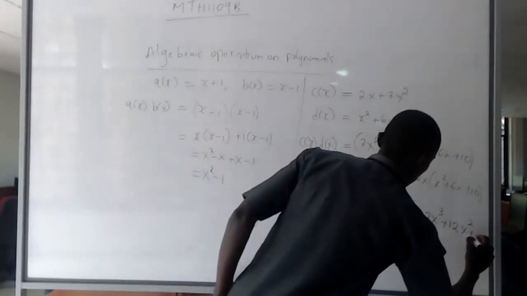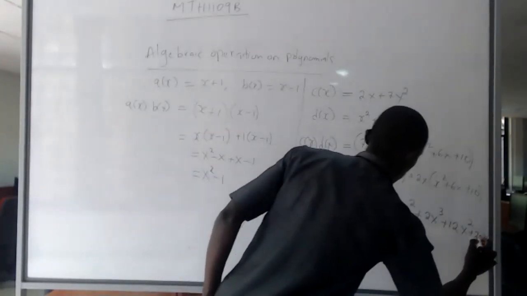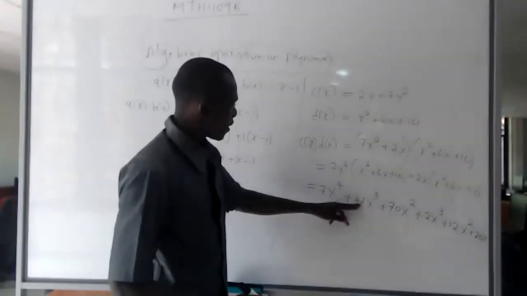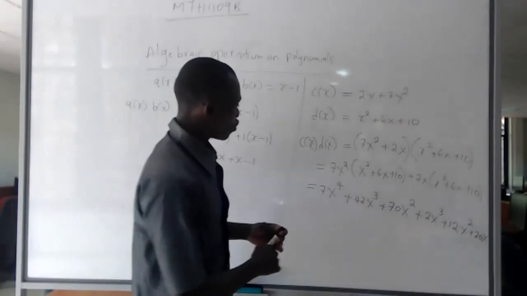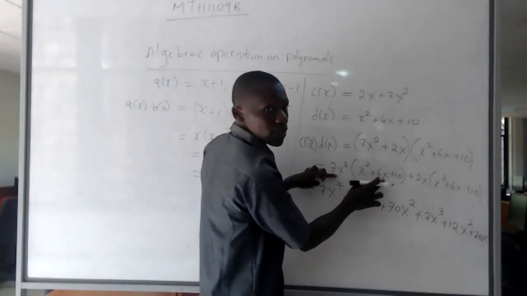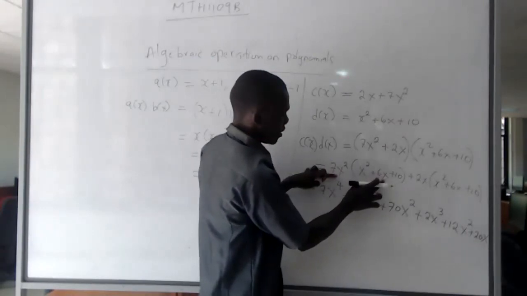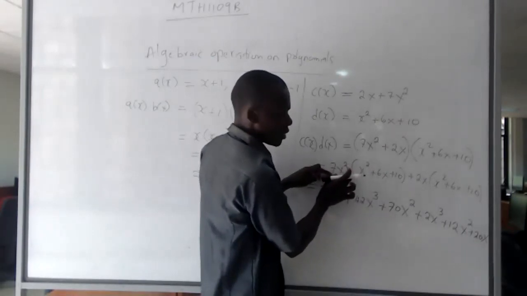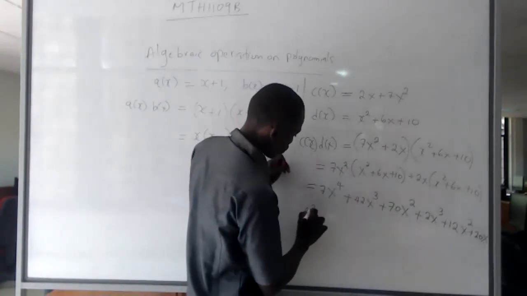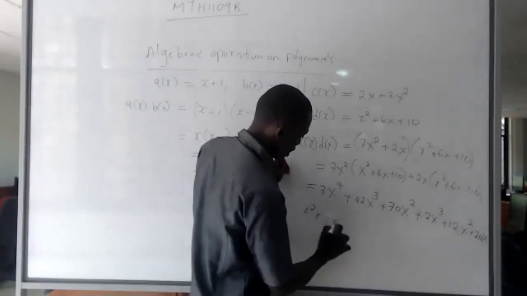Where you wrote 42x cubed, sorry, isn't it meant to be squared? Here? Yes, it is x cubed because I have x squared times x. This is x squared, then there's an x. So when you take x squared times x, you get x cubed.